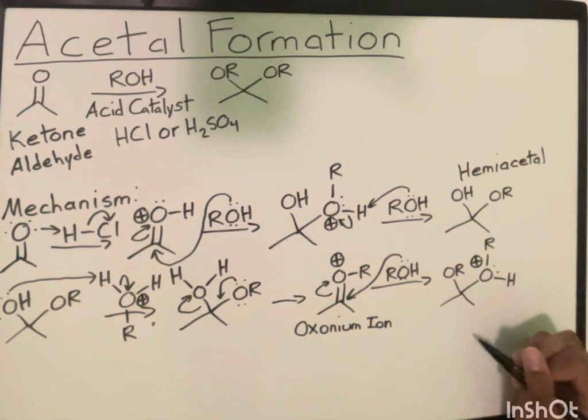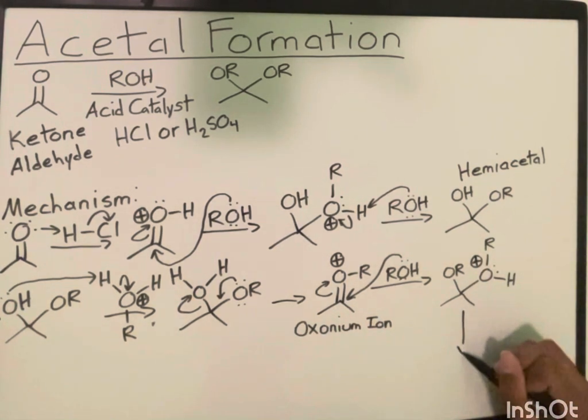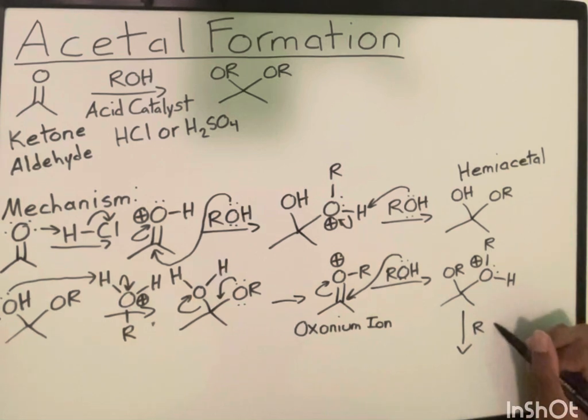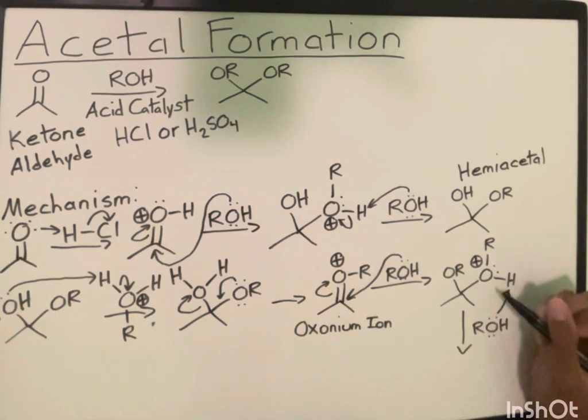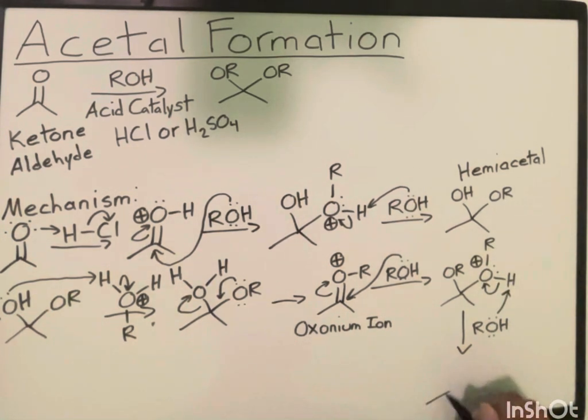So to complete the mechanism, we're going to bring in another equivalent of ROH. We are going to take that hydrogen, electrons will get moved to the oxygen right there, and what we get is our final product, which is our acetal.